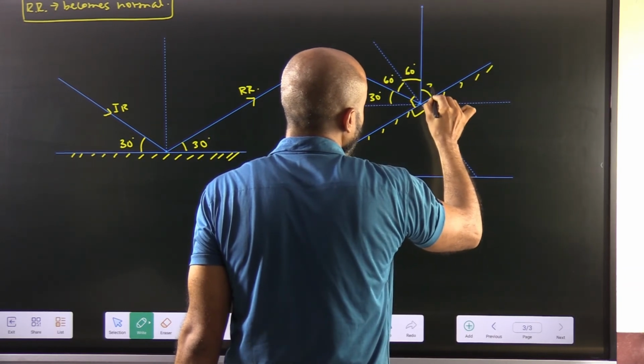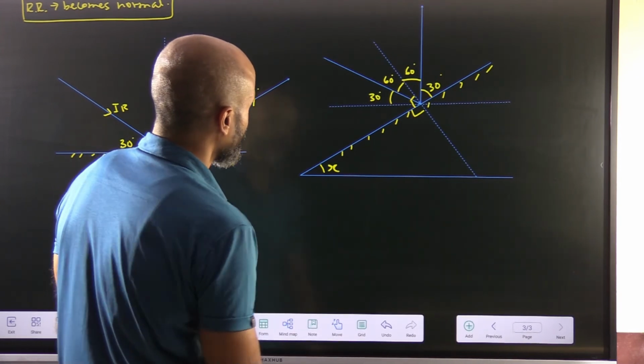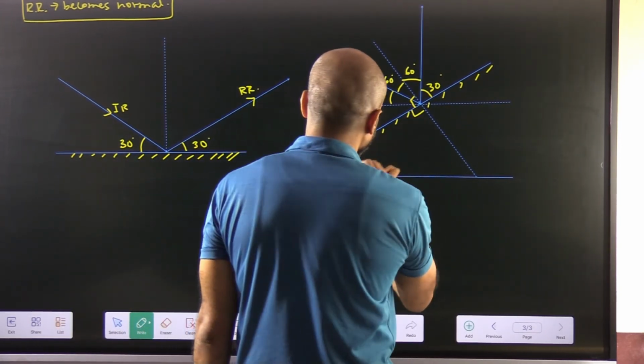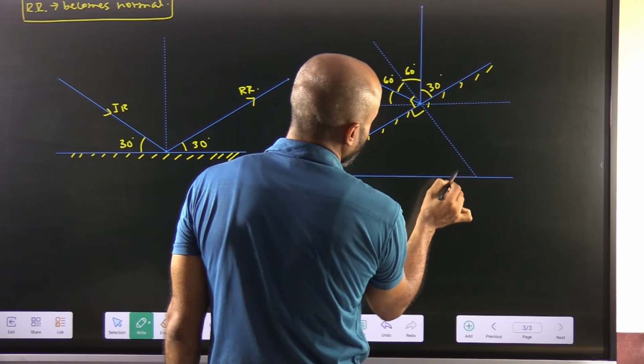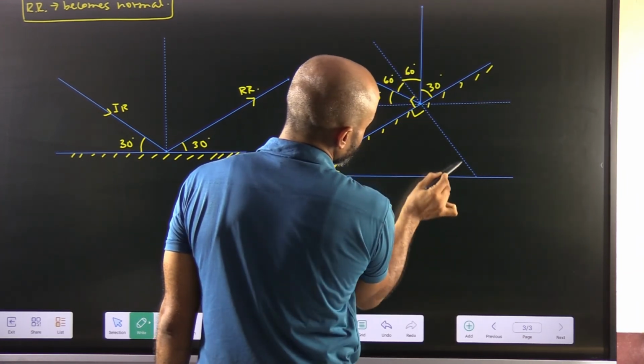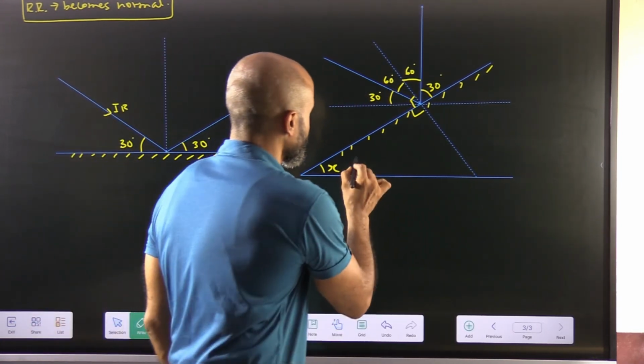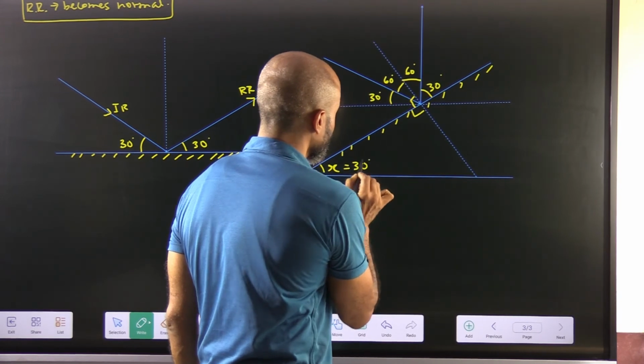Obviously the value of this angle will be 30. So by how much have we rotated this? The value of this angle is 90, so this obviously will be 30.